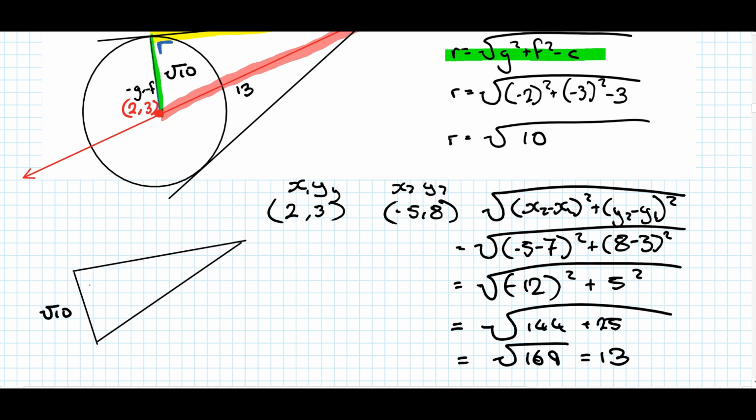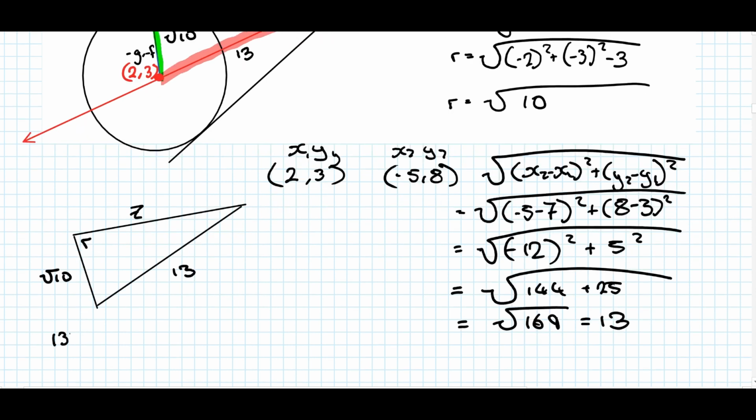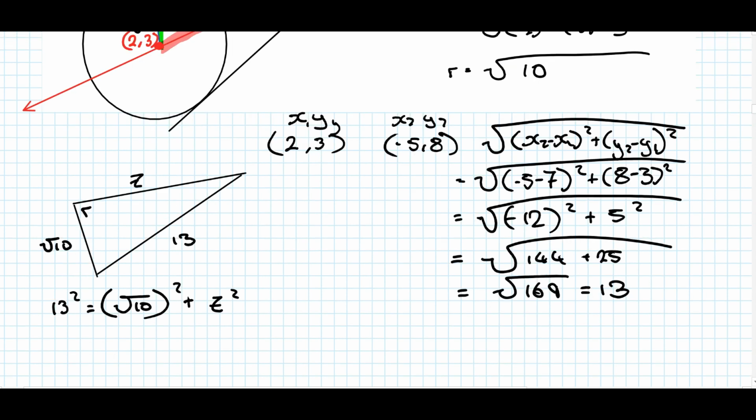Knowing that this is square root of 10, this is a right angle, this is 13, this is z. 13 squared is equal to square root of 10 squared plus z squared. 169 is equal to 10 plus z squared. z squared is equal to 69. z is equal to the square root of 69, which can't be simplified.